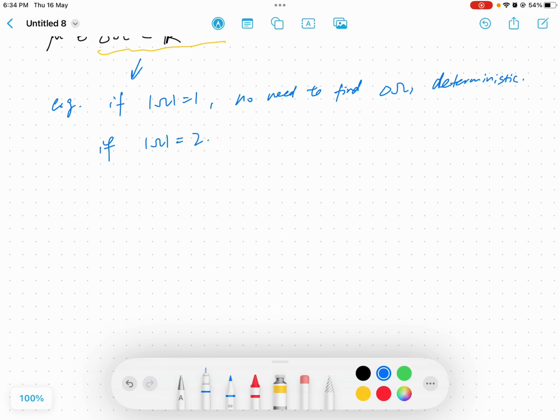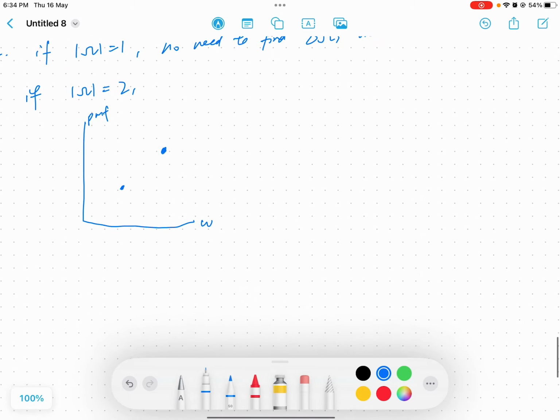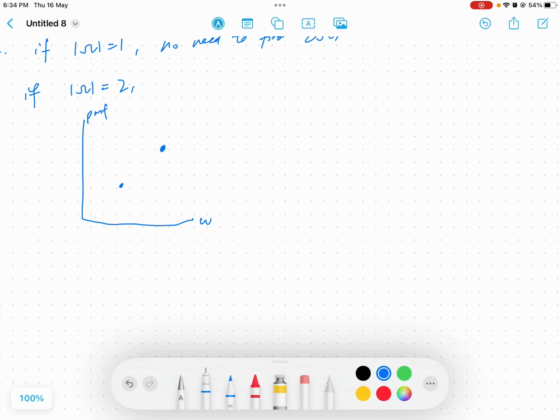But if this set has two elements, let's take a look at a small picture. This is omega, and this is the density, the probability mass. Let's say it has two elements. It can be this, or it could be something like that, where the left one is higher, or anything else.